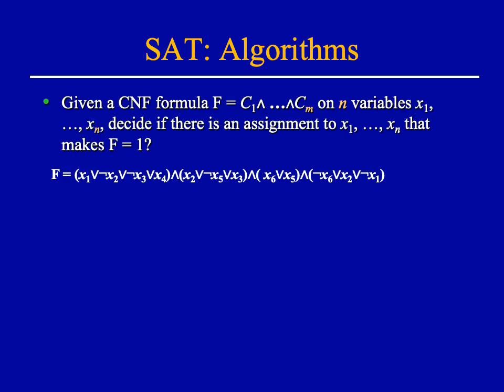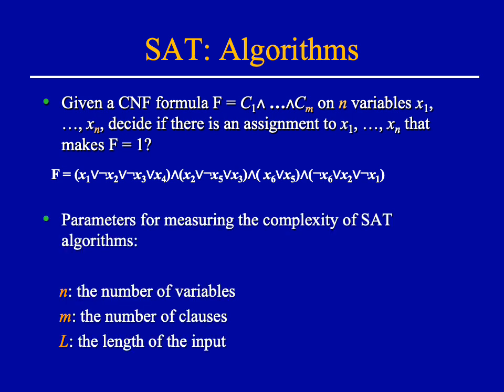Okay, so now let's start with the problem. So for satisfiability, we're studying the algorithms of the problem. The problem is given like this: given a CNF formula, we want to decide if there's an assignment to the variables in the formula that makes the formula equal to 1. In order to measure the efficiency of algorithms for SAT, we have a number of parameters.